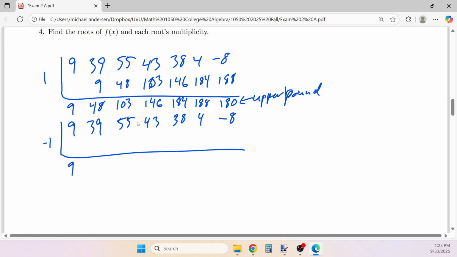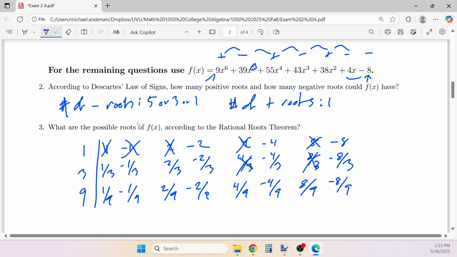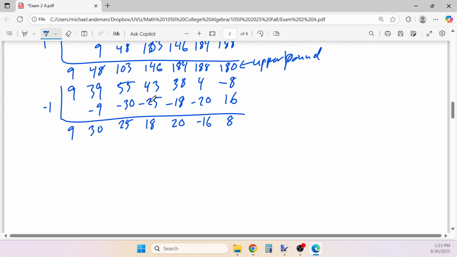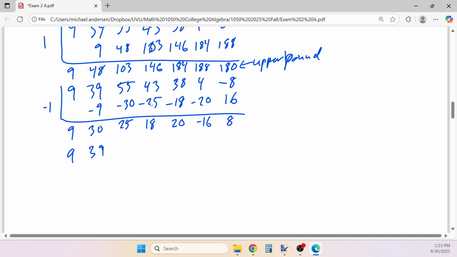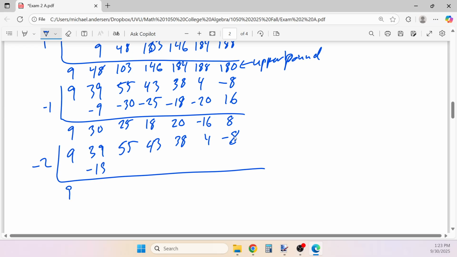Negative 1, we get 9, negative 9, 30, negative 35, negative 25, negative 8, negative 20. Negative 1 didn't work. 9, 39, 5, 38, 4, and negative 9, negative 8.